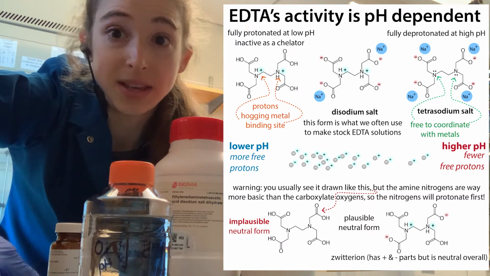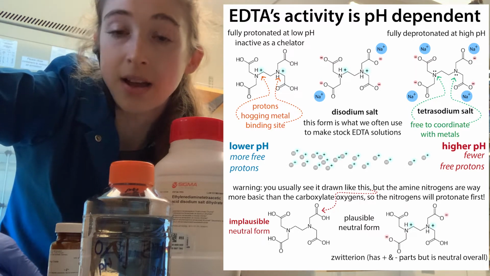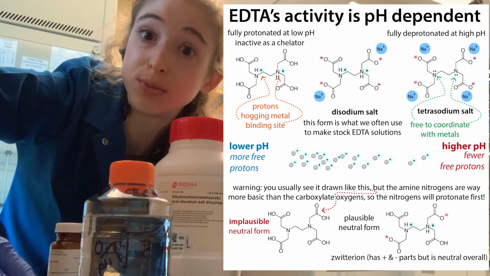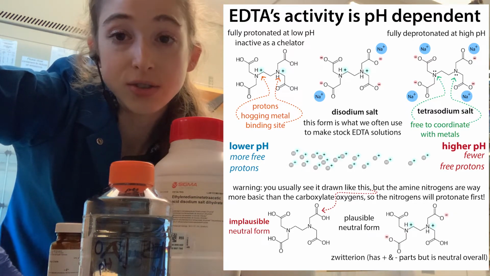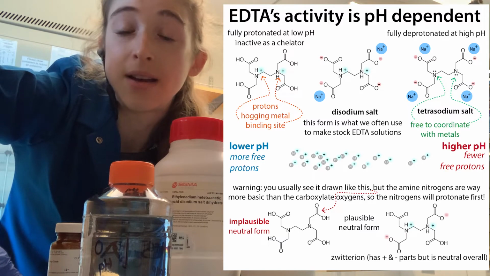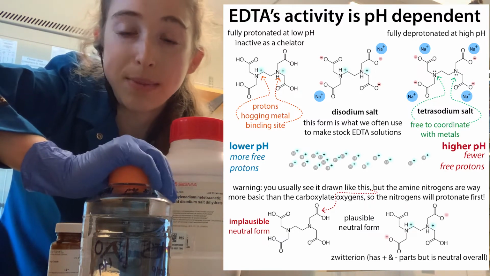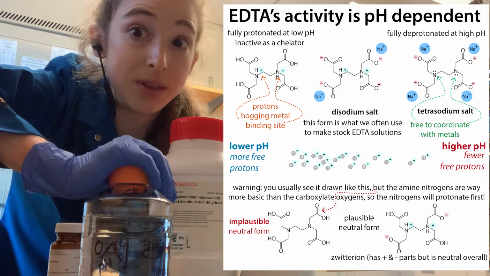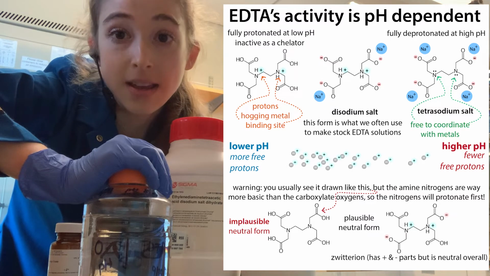But then as the pH raises, the EDTA starts deprotonating, and so these positively charged protons get pulled off, exposing negatively charged groups, and the lone pairs on the nitrogen that can coordinate with metal. And so therefore, as you add the base, you're able to dissolve the EDTA.